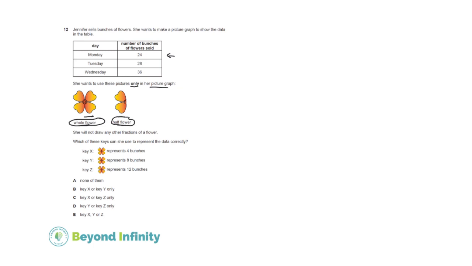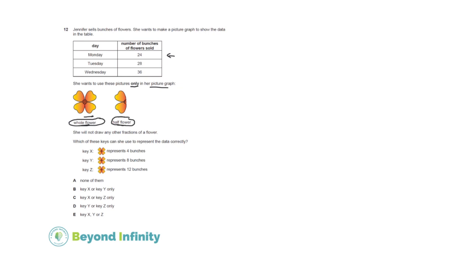If it's divisible by a whole flower, that means that data can be represented with a number of whole flowers. If it's divisible by half flowers, then that number can be represented by a number of whole flowers plus a half flower. So that really is the key.